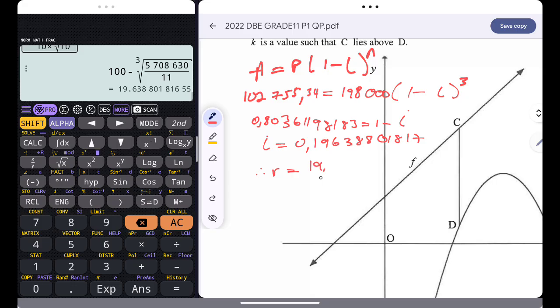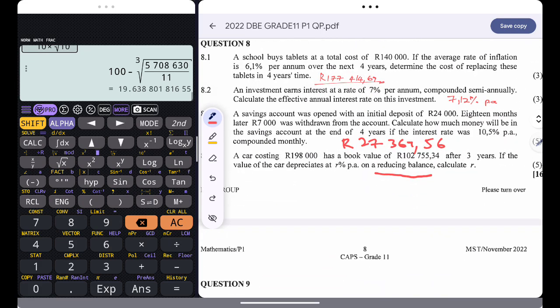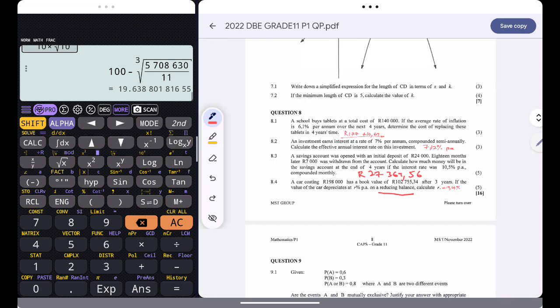This is just 19.64% per annum. The value of R, guys, is just 19.64%. That's how, guys, we could have tackled question 8.